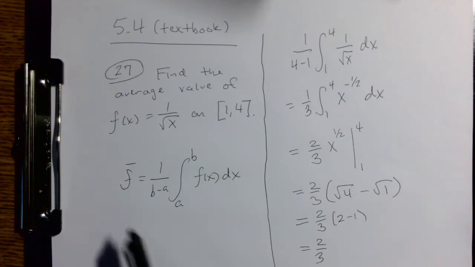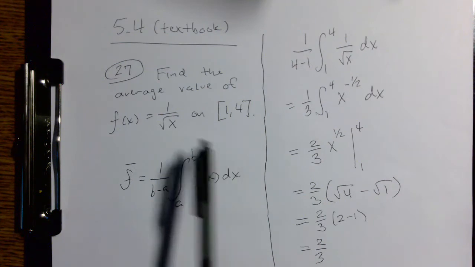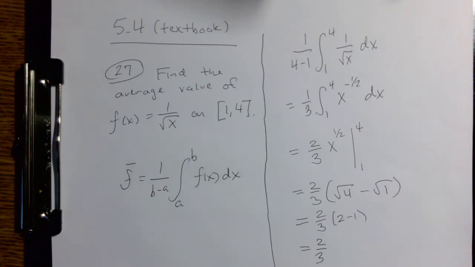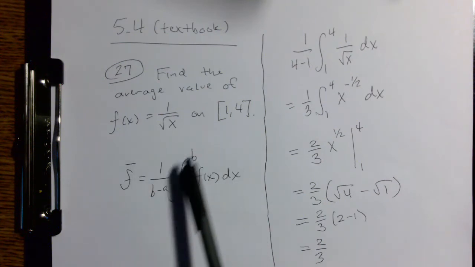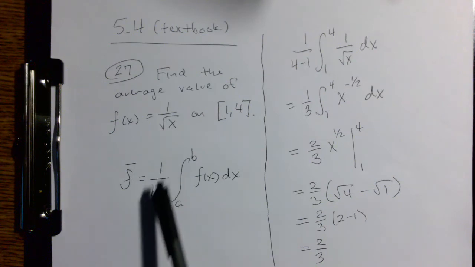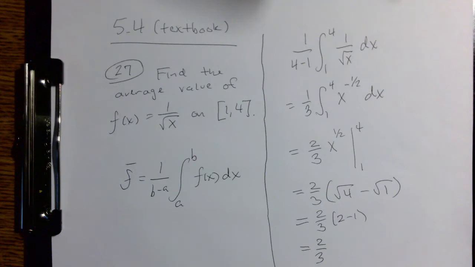So in this section, we're given this average value formula, and it tells us that we evaluate this definite integral and we multiply by 1 over b minus a. So we're dividing by the length of the interval.